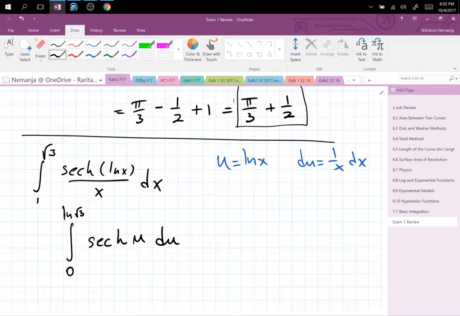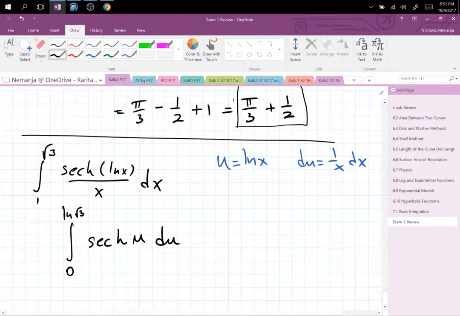What's the integral of secant hyperbolic u? Was there a square there on the question? Nope. All right. You don't know this one.